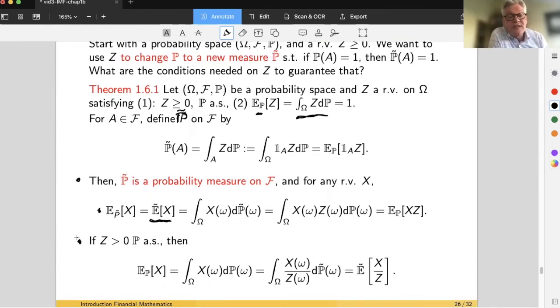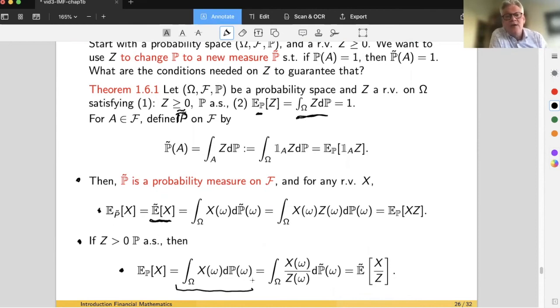When X is positive, P almost surely, we can also look at the reverse. We can look at the expected value under the measure P of X, and write this in measure theoretical notation as the integral over Ω of X(ω) dP(ω).